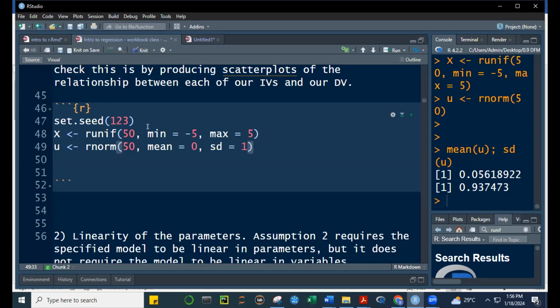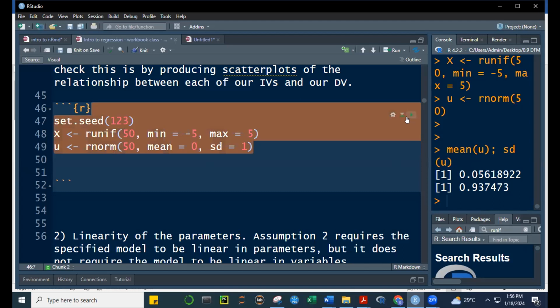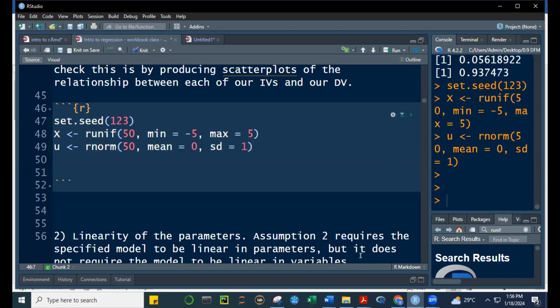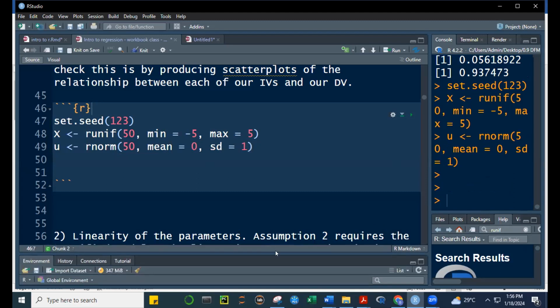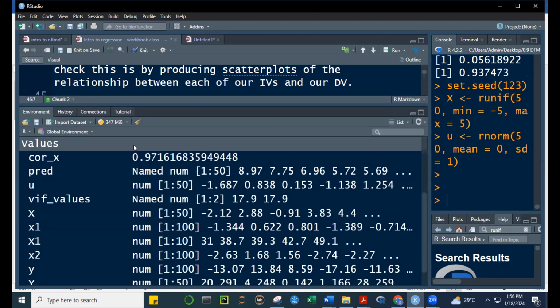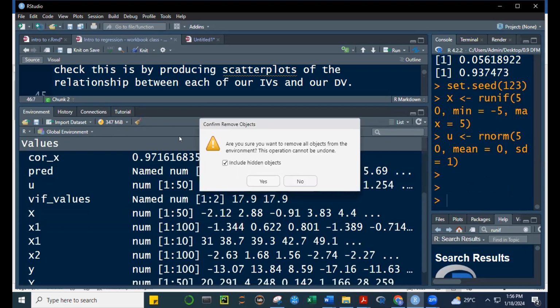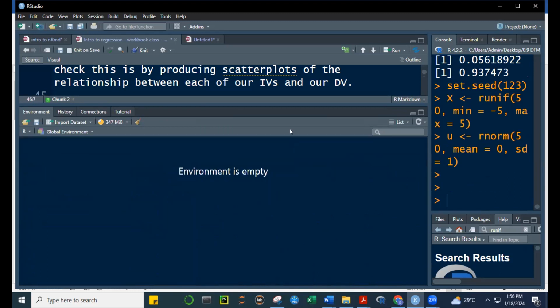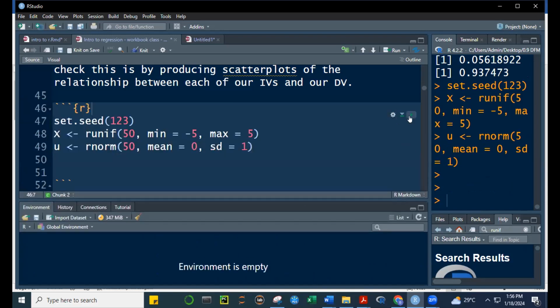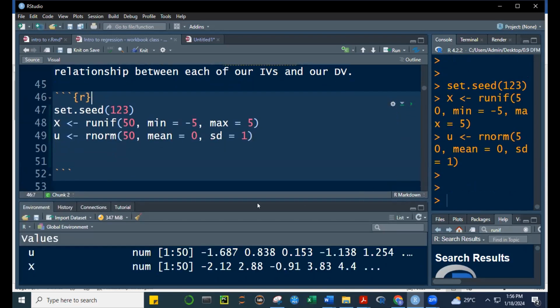Okay, so let's run this again just for the sake of running it. One moment, class. Since we're all different, let me clean my environment first so that when I run this, I can now see.